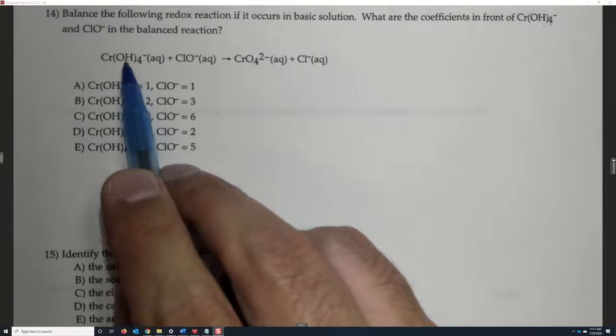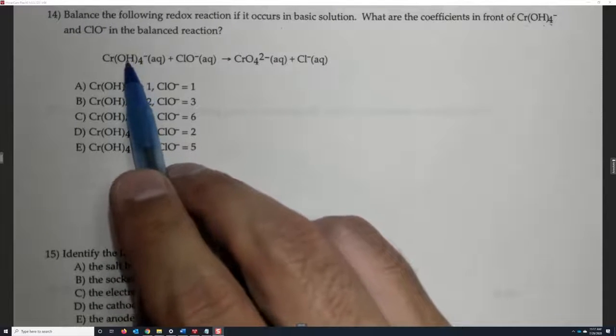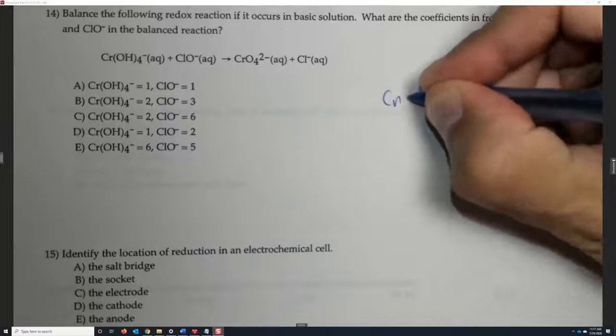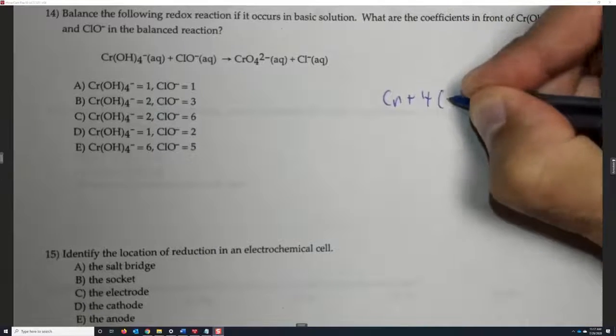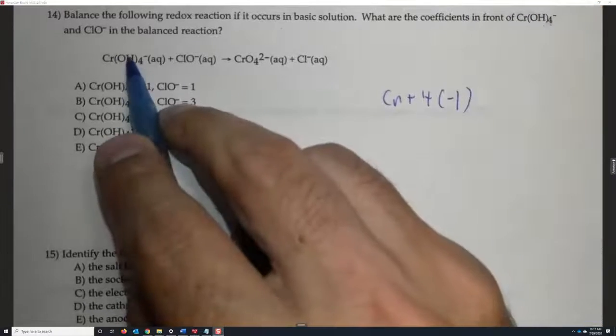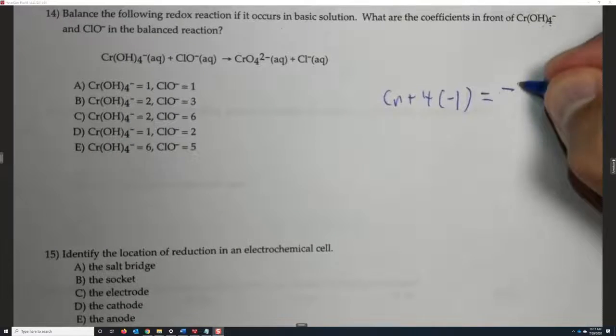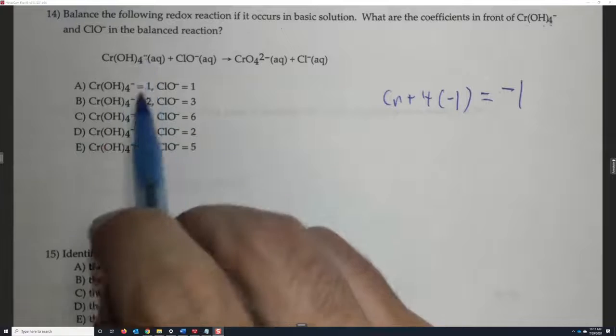So in this case, hydroxide is OH minus. So Cr plus 4 times minus 1, because OH minus is minus 1, equals minus 1, because the overall thing is minus 1.